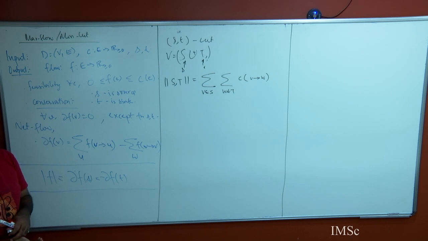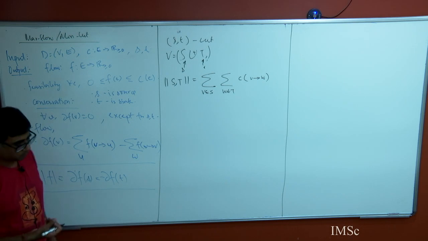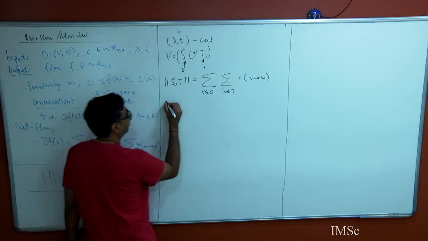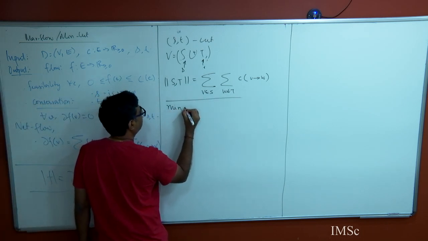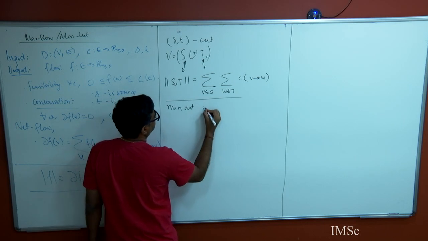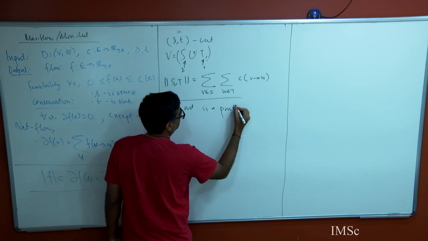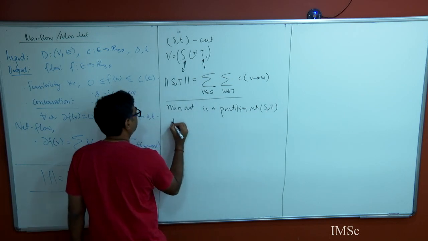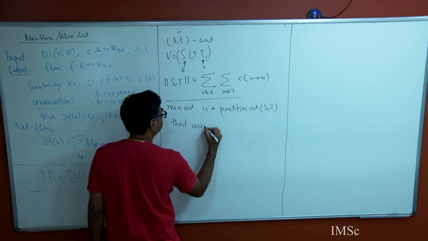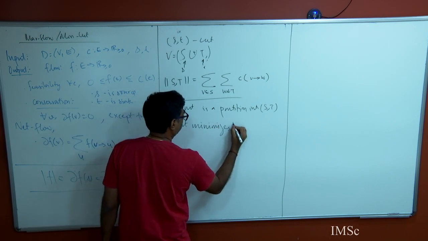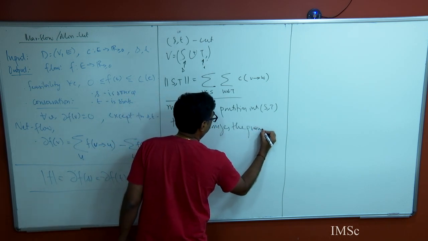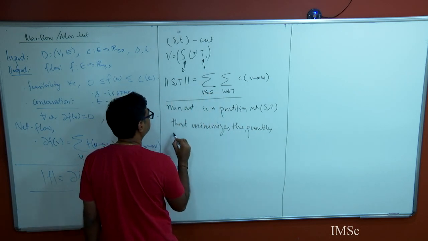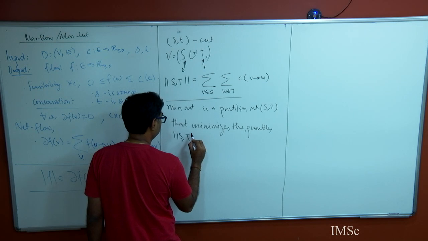And so what is a min cut? A min cut is a partition into S, T that minimizes the quantity cut value of (S, T).